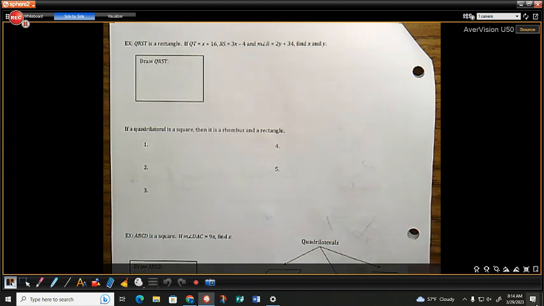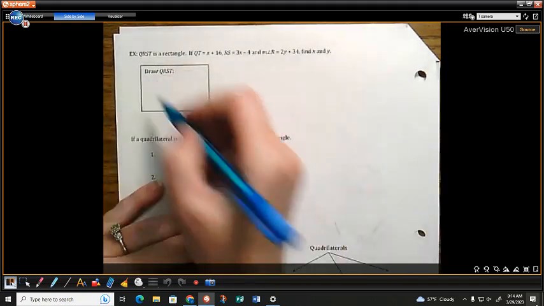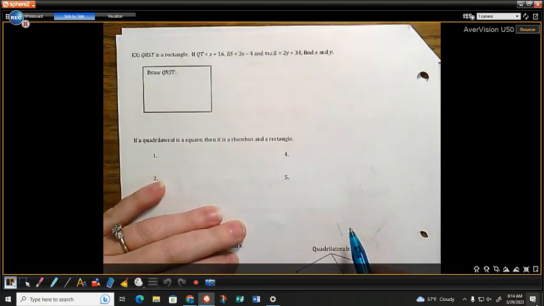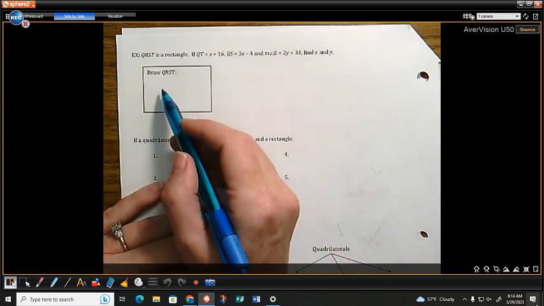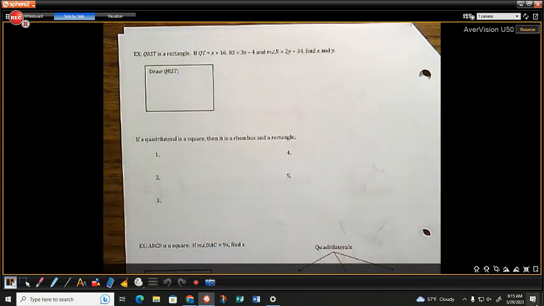Okay? So using that and everything else, QRST is a rectangle. Oh wait, there's no letters on it. On the whiteboard, above the equal sign.